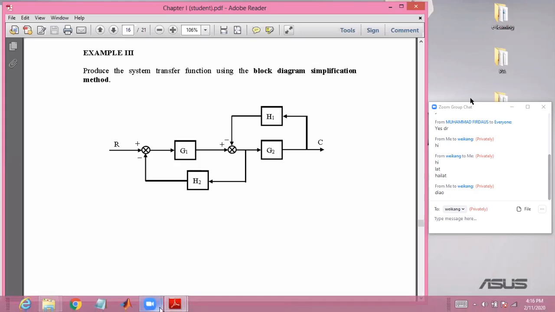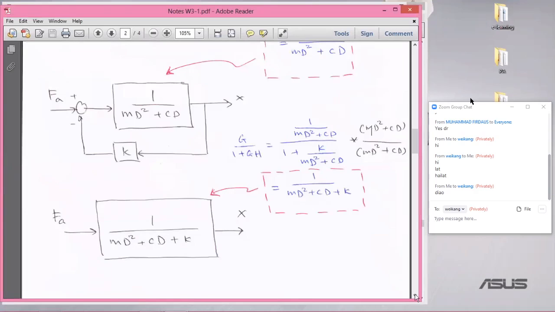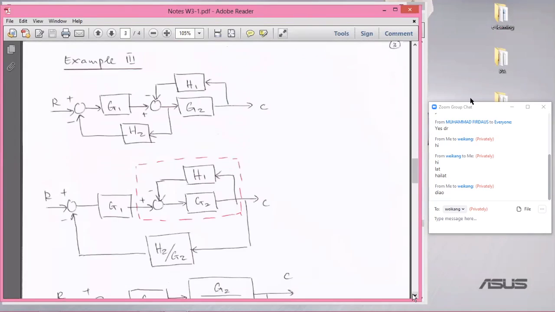Okay, so let's go to my notes again. All right, so this is the original block diagram. I'm going to move this takeoff point from behind G2 to in front of G2. That signal must be divided by G2, because originally there's no multiplication by G2, but when we take in front of G2, that signal has been multiplied by G2, therefore you need to divide it by G2.